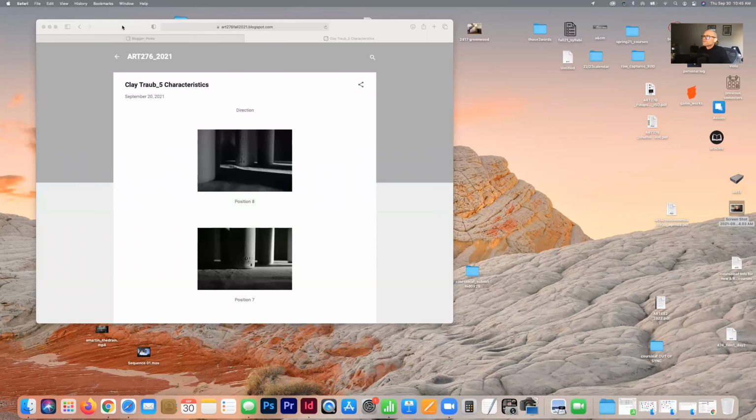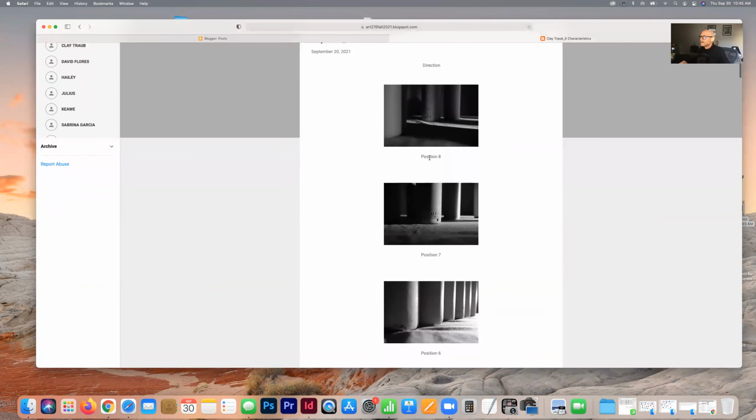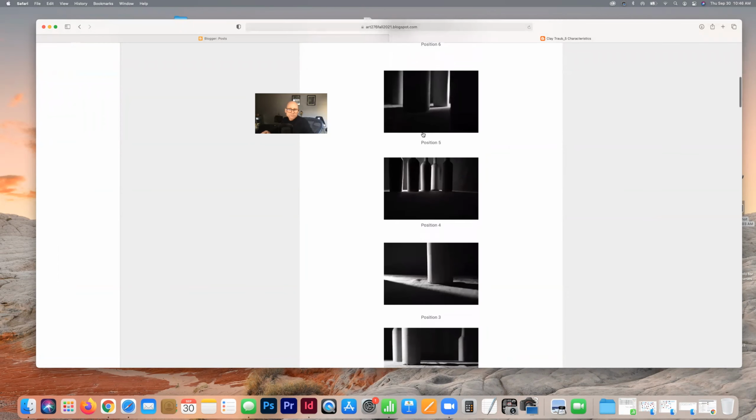All right, so here we are. We've got the posting up, and as we can see, we've got your direction here. As I look, first of all, one of the things that I look for is very simple. Are you posting the number of images that we're asking for?